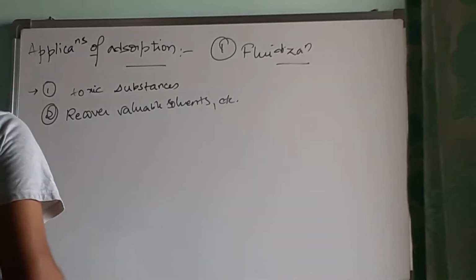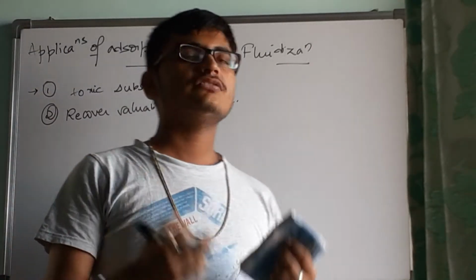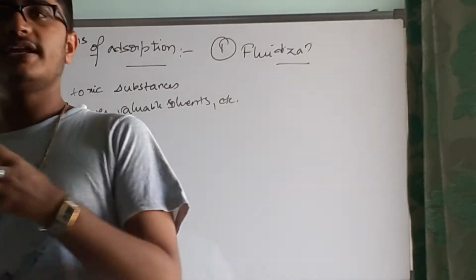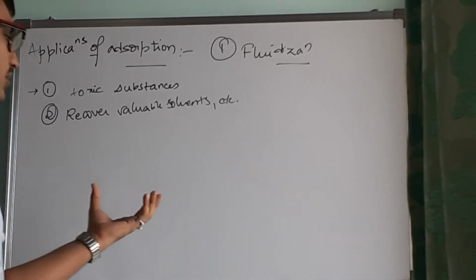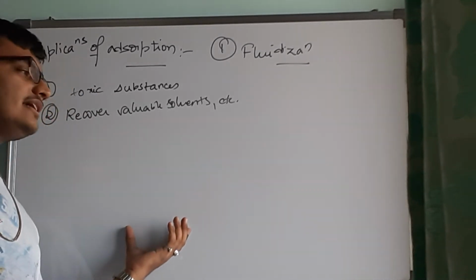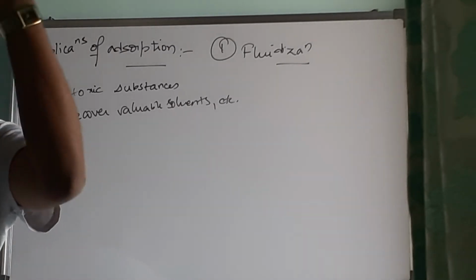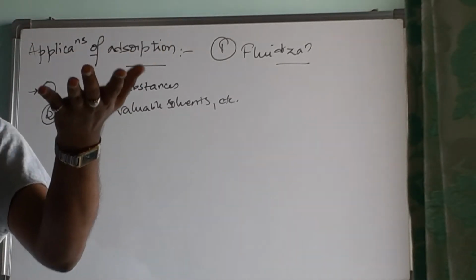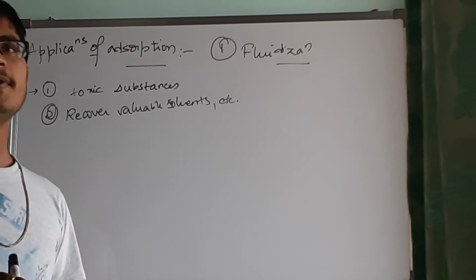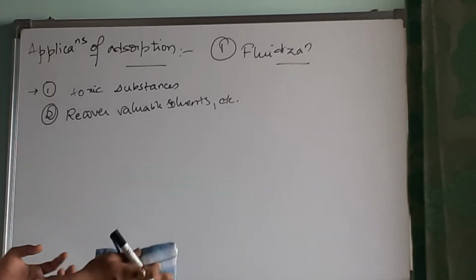In some cases the solute particles might be separated from the fluid mixture, which is important, or the leftover fluid after the solute is separated might be important. So based on the requirement, there are many applications of adsorption.